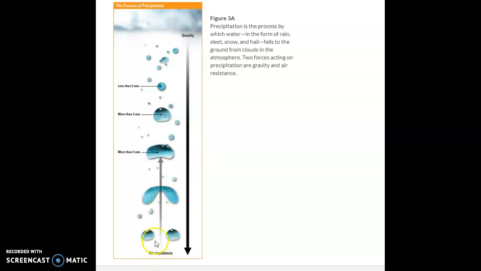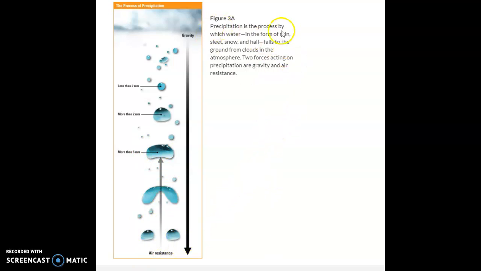Air resistance is blowing upwards and causing them to kind of fall apart because the water molecules like to stick together, but they can only stick together to a certain size. Once they get bigger than that certain size, then they will split apart or can be split apart more easily. And so we've got our air resistance pushing on this bigger than 5 millimeter droplet, and it's splitting it into our raindrops.